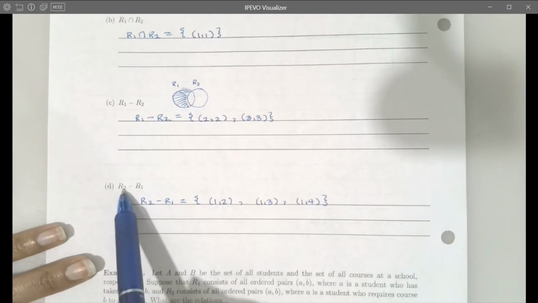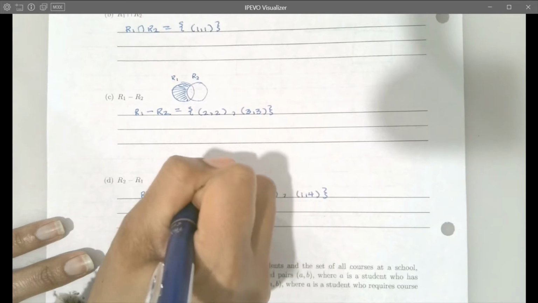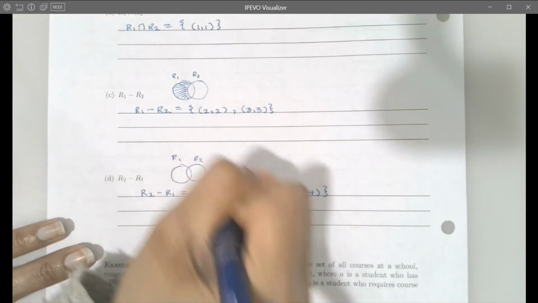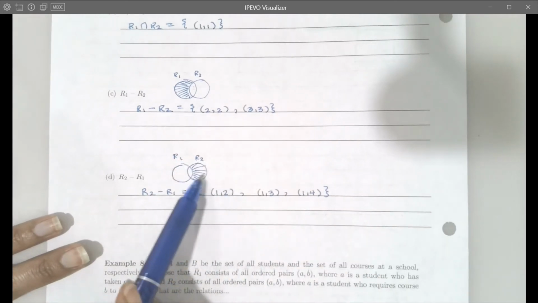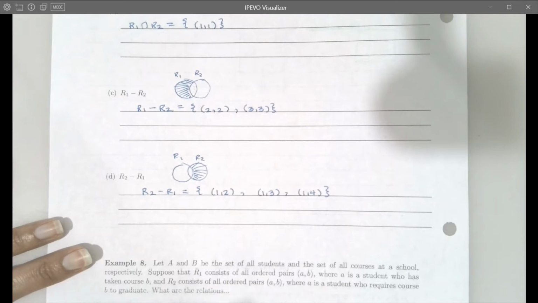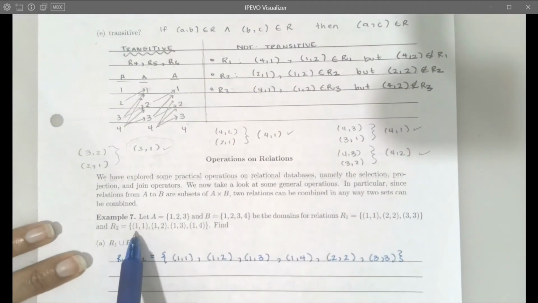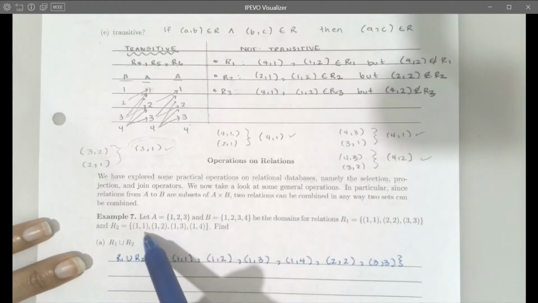And then we switch the order of the difference. In this case, we're taking a look at R2 minus R1. So this is R1 and this is R2. In the diagram, we're looking for all elements that are part of only R2. If we go back, R2 contains (1,1), same as R1, so we wouldn't include that as part of the difference.